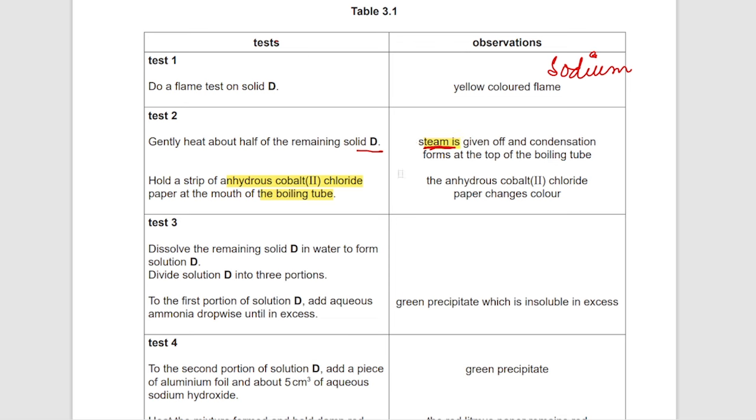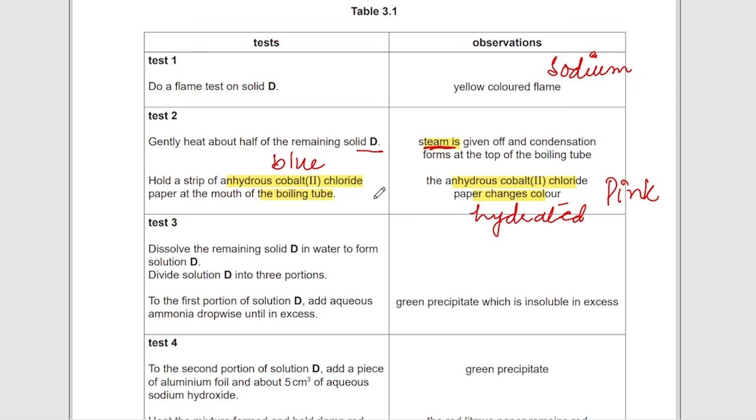So there is steam at the mouth of the boiling tube. The color changes from blue to pink: anhydrous cobalt chloride is blue, and it will turn into the hydrated one, and the color of hydrated cobalt(II) chloride is pink.